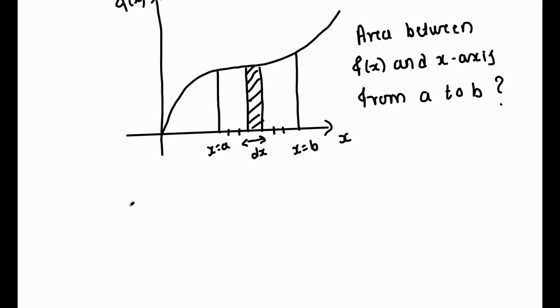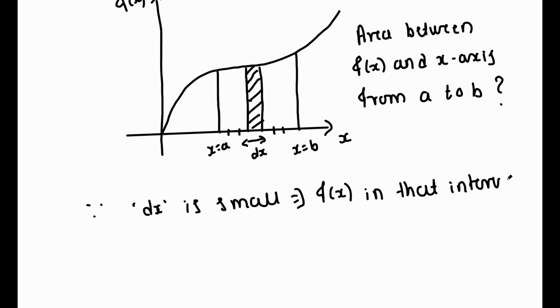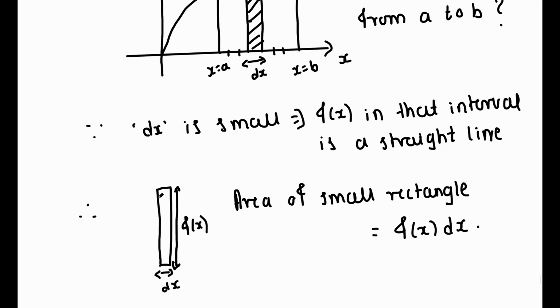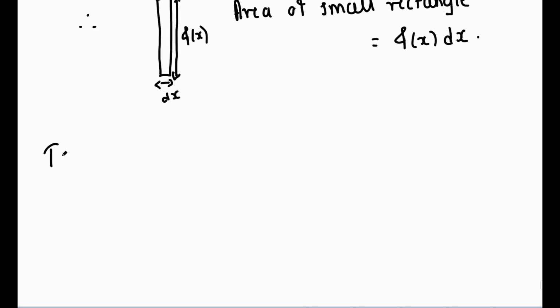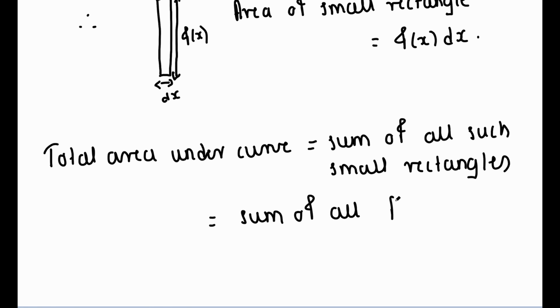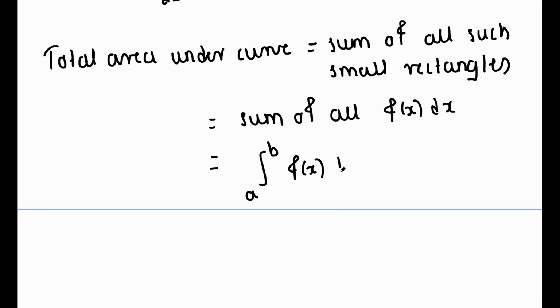Since dx is very small, in that small interval, f of x can be taken as an almost straight line. Then the area of this small rectangle is f of x into dx, and the total area under the curve f of x from a to b is given by the sum of these small rectangles. This is mathematically given by the definite integral of f of x from a to b.